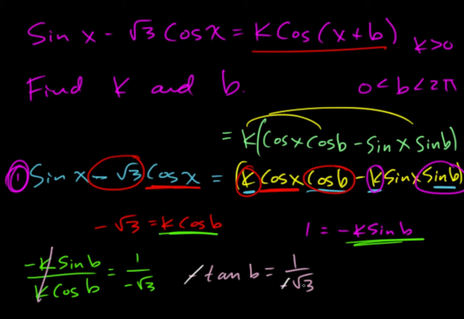So if we do this, we get square root of 3 over 3. And if we want to know what that is, we use our unit circle.